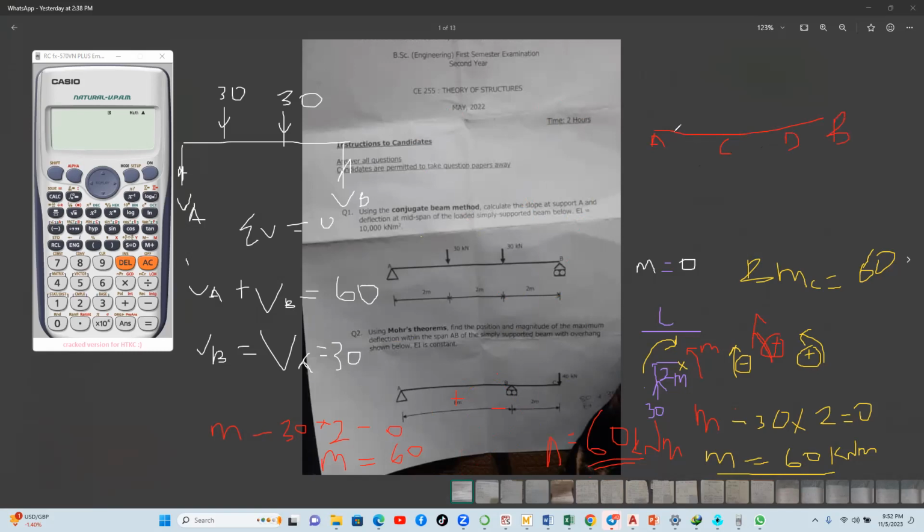So at A here, we had our bending moment to be 0. At C, we had our bending moment to be 60. So you plot 60 somewhere here. At D, our bending moment was also 60. Plot the 60 somewhere here. And at B, it was 0. Plot it here. What you do is you join this, join that, and join here.